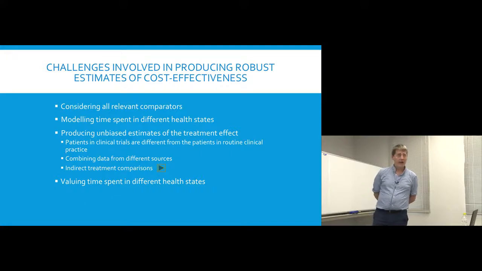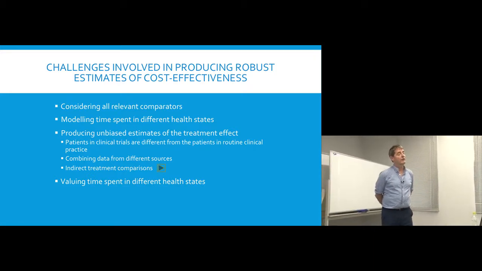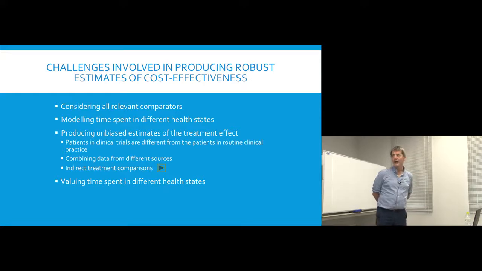Another issue that arises with obtaining unbiased estimates of treatment effects is that sometimes you've got multiple sources of information. And the question arises, how do we compare, or how do we combine information from different sources?